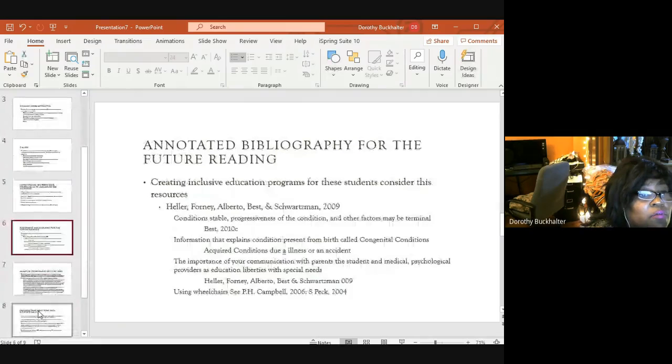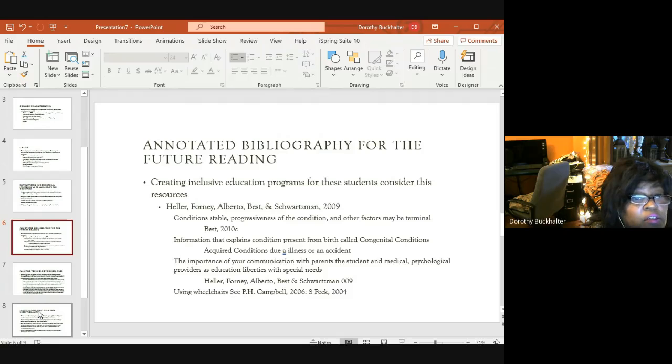And then, there are some resources that you could use to read for the future, like creating an inclusive classroom. You want to study this so that you're effective for that child. His education depends on that. Conditions can be stable or progressive.